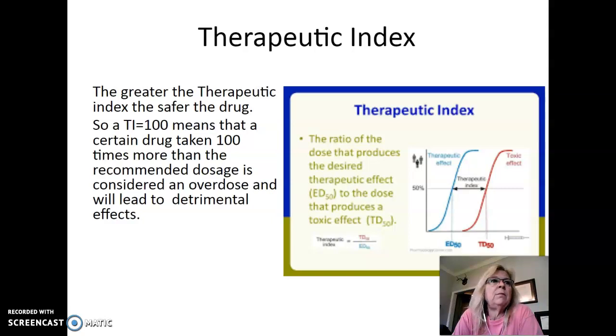And so what we're going to be looking for is a broad range or a broad area between these. In other words, we'd like these two graphs to be as far apart from each other as possible to have the greatest therapeutic window, as you're going to see, that can lead to drugs being taken that will not harm people, but that will produce the greatest amount of therapy or positive results.